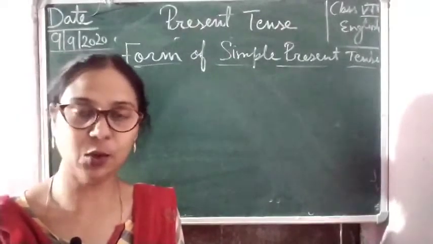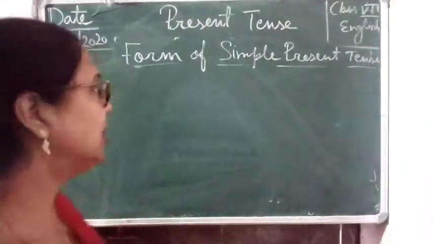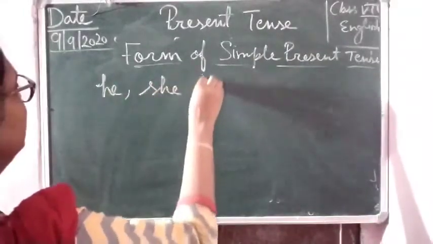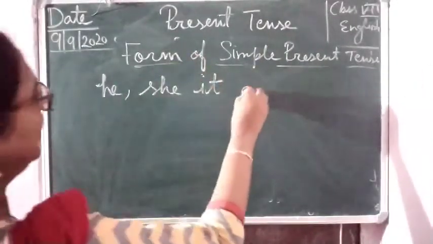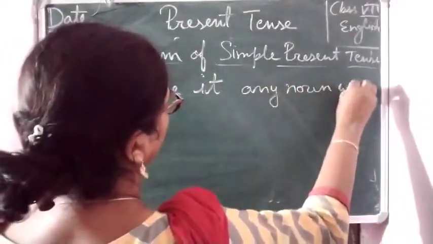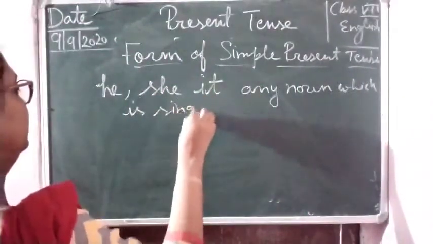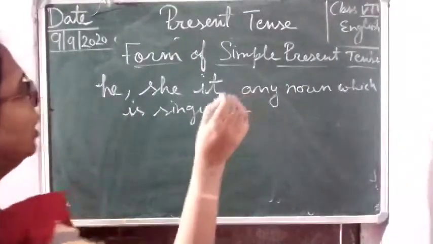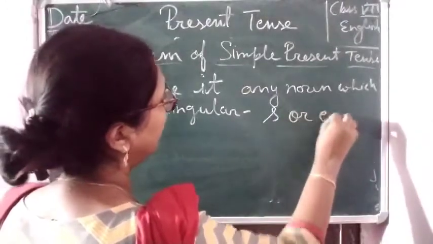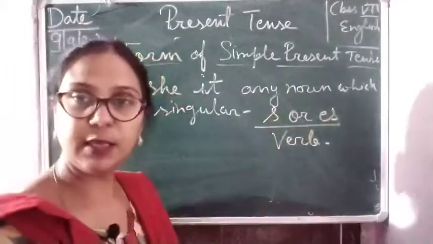Here one thing you should always remember: when the subject is singular, such as he, she, it, or any singular noun, you are going to add s or es to the verb. Always keep that in your mind.